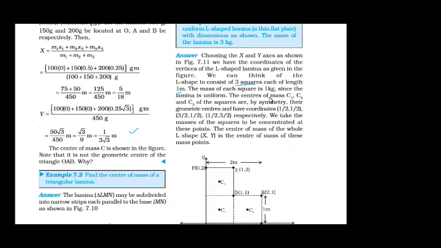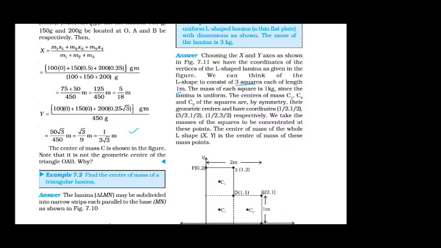We take the mass of each square to be concentrated at these points. The center of mass of the whole L shape (X, Y) is the center of mass of these mass points.